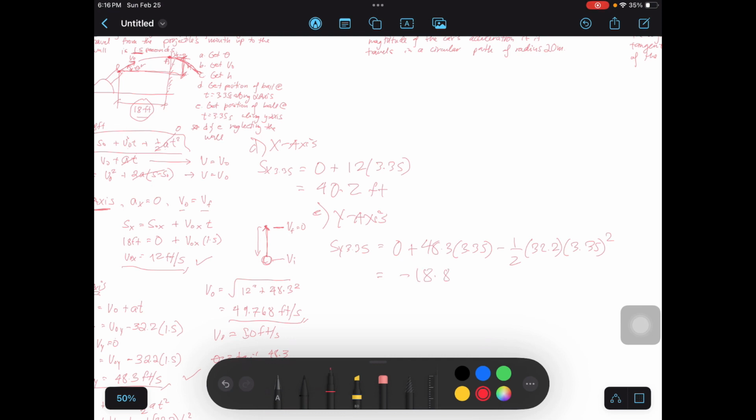This is negative 18.877 feet. So, negative siya.